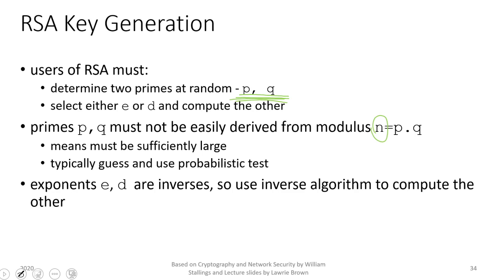So we should find numbers in such a manner. It should be sufficiently large so that people are not able to guess those numbers. So that is the main point behind this key generation algorithm.